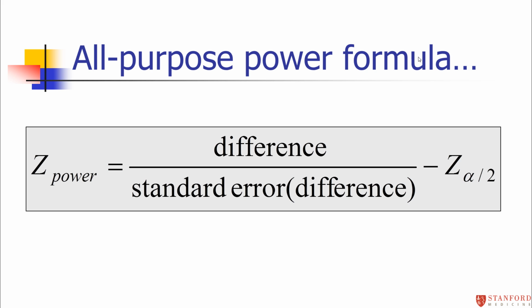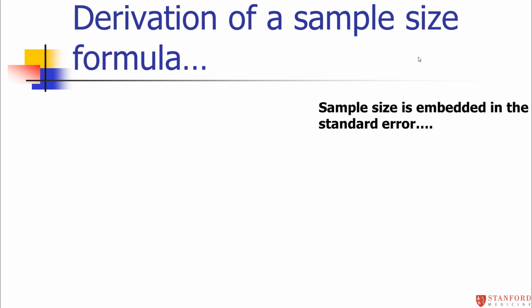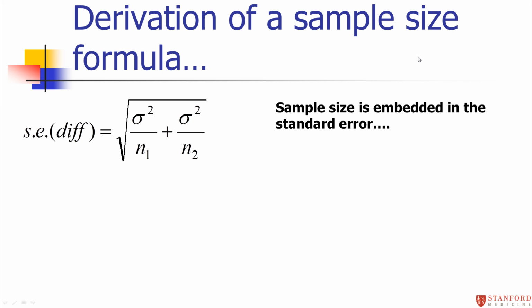But now we can go one step further, and we can plug in the standard error of the difference in means. Because remember, we're trying to get sample size out of this, and I don't see sample size in this formula yet. Where's the sample size? It's buried in that standard error. So remember, the standard error of the difference in means I showed you earlier is the variance of the characteristic you're looking at divided by the sample size of one group plus the variance divided by the sample size of the other group. It's a square root of that. So now we can plug that in for the standard error of the difference.